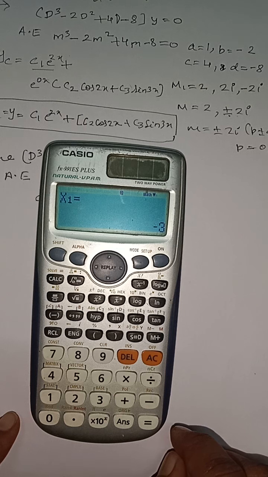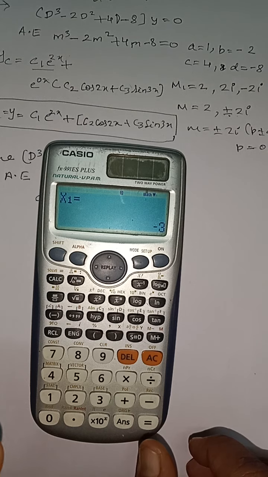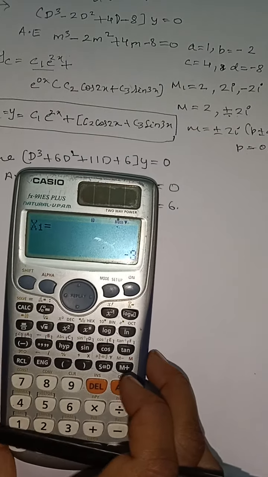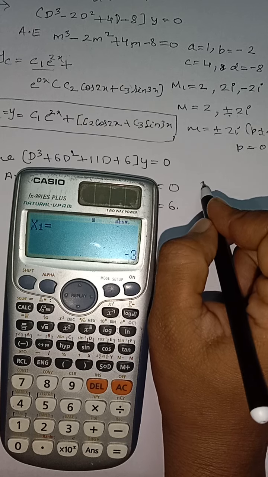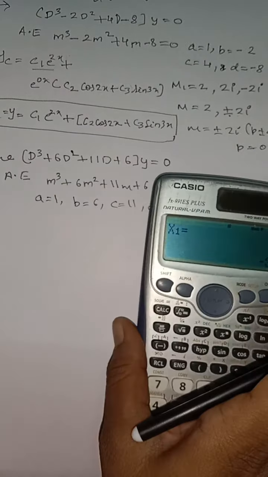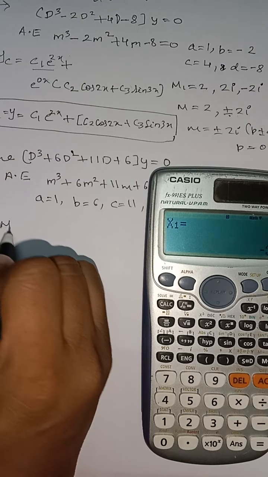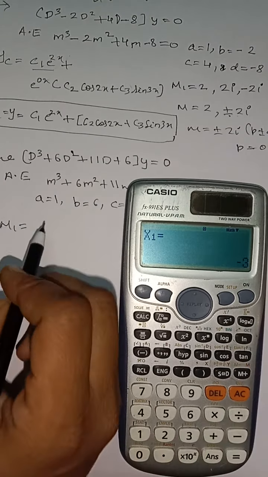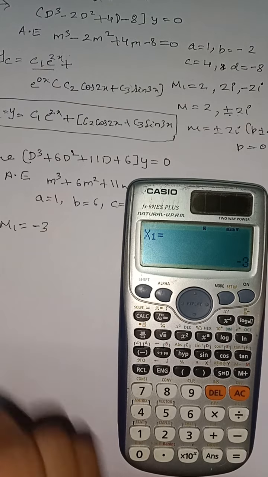Okay, so when you press equals, since it's a cubic equation, you have to get 3 roots. So see, x1 is showing as -3. So let me write the first root. First root m1 is -3.